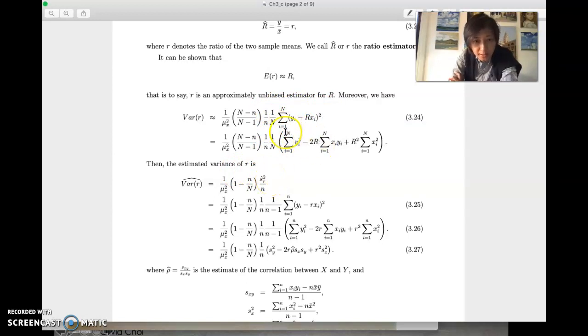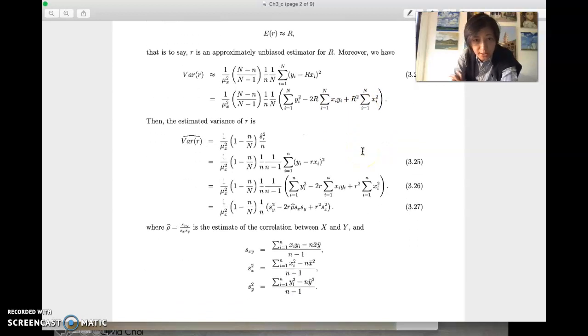In the text, I expand this square bracket like a minus b, so it becomes a squared minus 2ab plus b squared. Nothing too tricky. In the estimated variance of R, we have s R squared, which is taking the variance within our sample, so we have n minus 1 in the denominator. Expanding this square bracket, we also have a squared minus 2ab plus b squared.